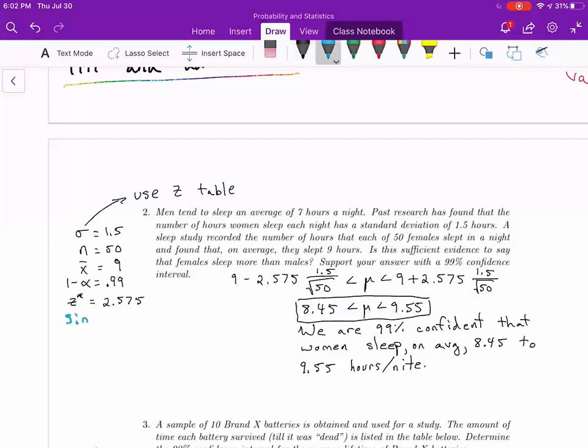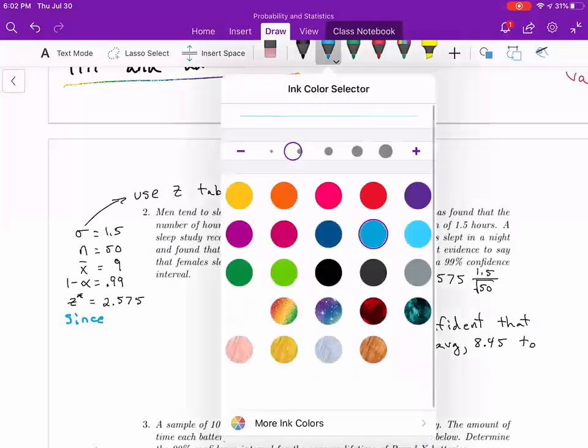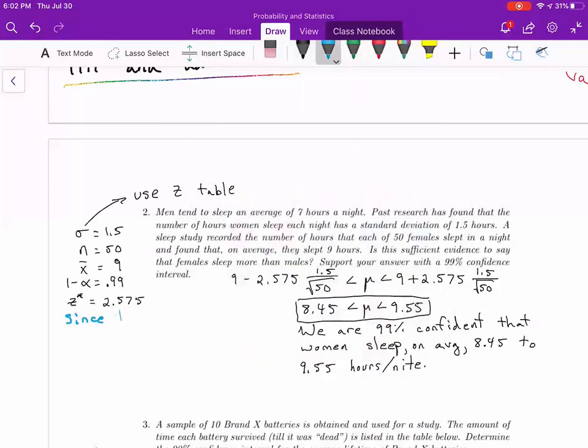Since the interval is above 7, there is evidence that women on average sleep more than men.